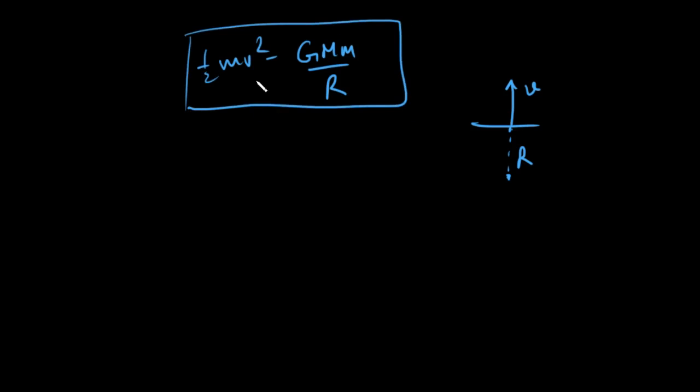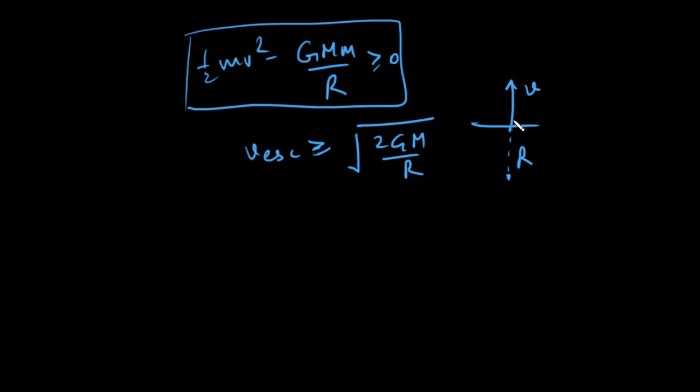Initially, what is its energy? Energy would be half mv square minus GMm by r. In escape velocity, this kinetic energy should be greater than or equal to this gravitational potential energy. So v escape is the minimum escape velocity, since v escape is at least root 2GM by r.